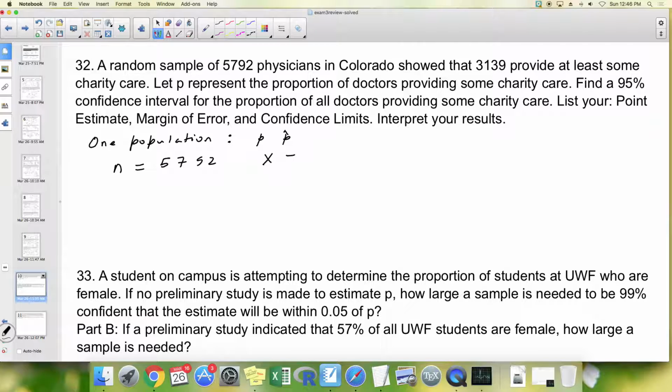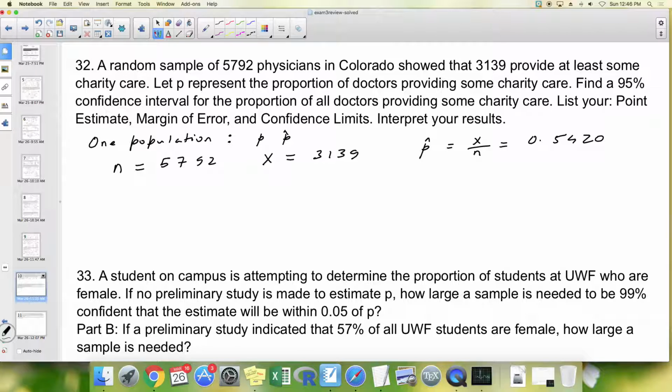Number of successes x equals 3139. So p hat is x by n, which is 0.5420. Now we want to find a 95% CI, but to find a 95% CI, we need to check something.